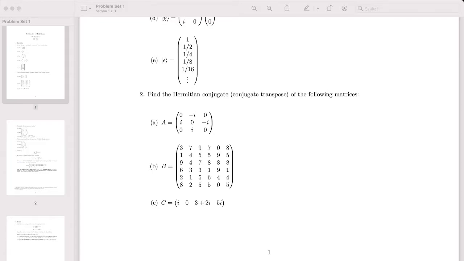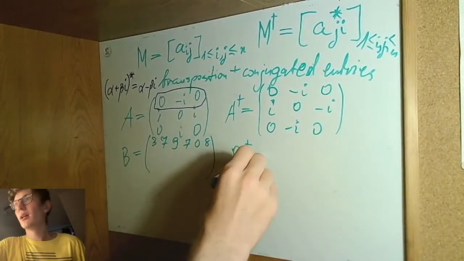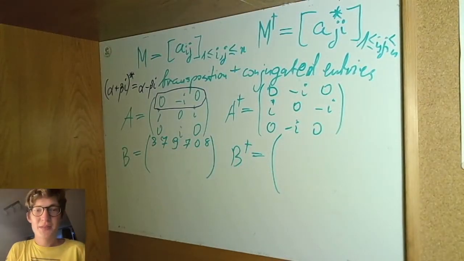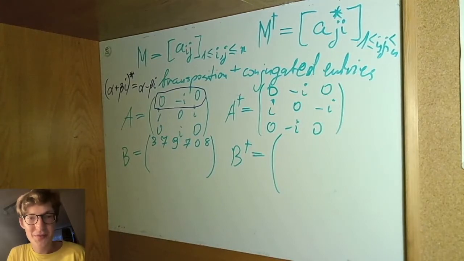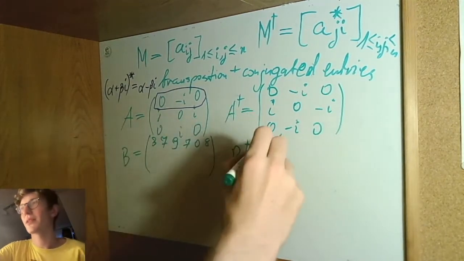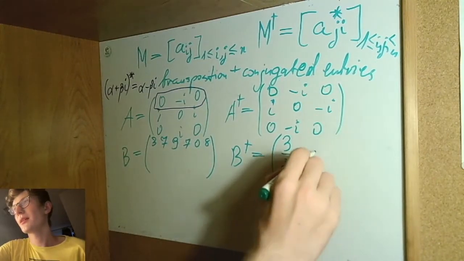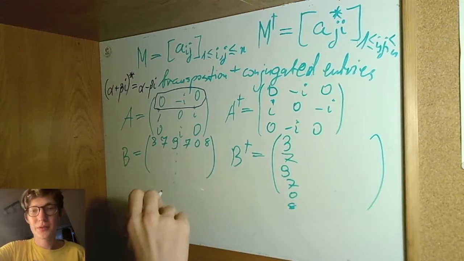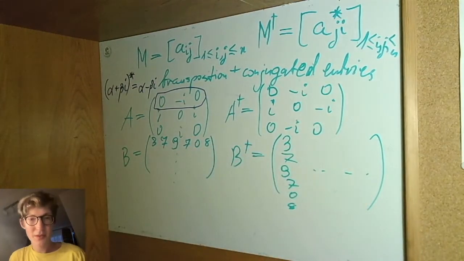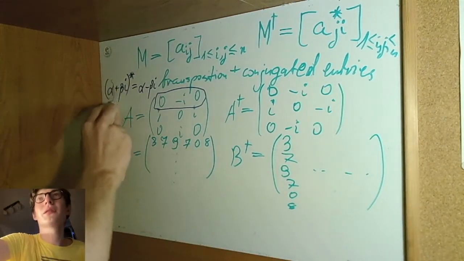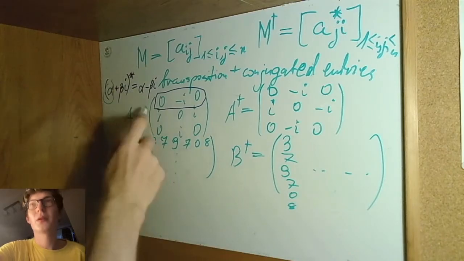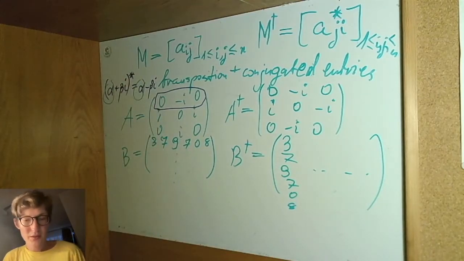So I won't write the whole matrix, only the first row. Okay, so the only thing we have to do here is the transposition. We just have to transpose this matrix. So these rows become columns, right? All these rows become columns here, but the entries, these numbers, don't change, right? Because we have only this real part, and it stays the same.